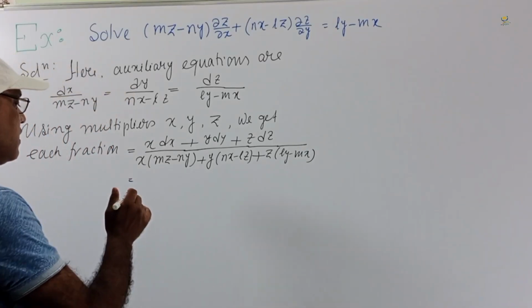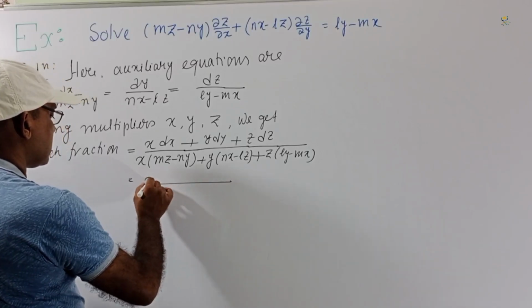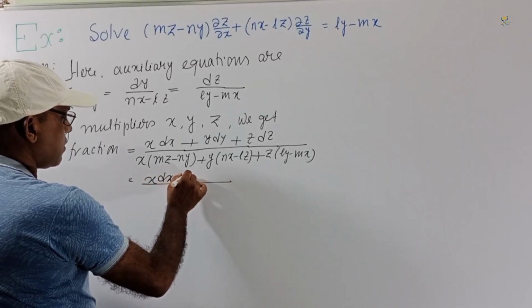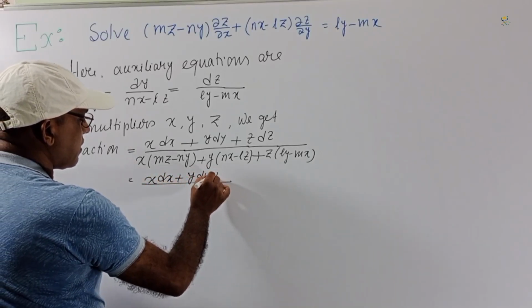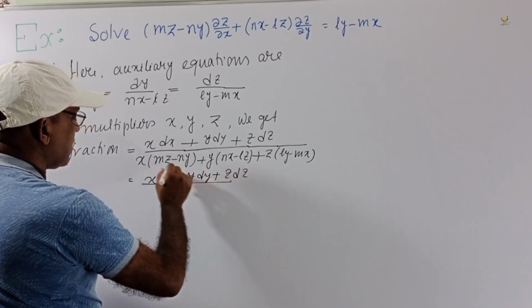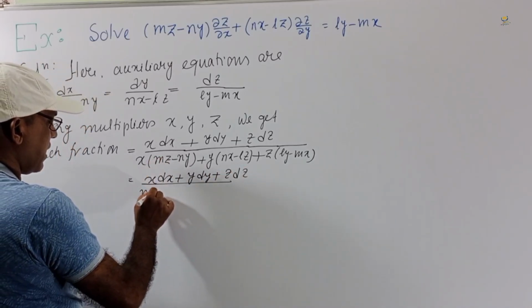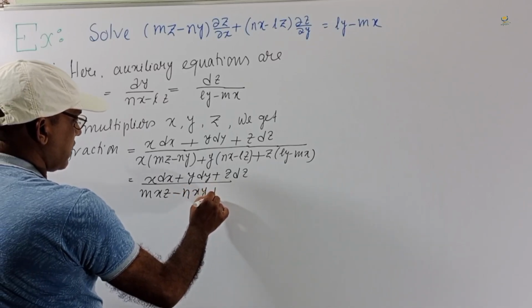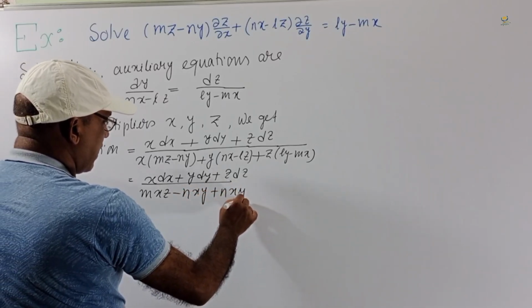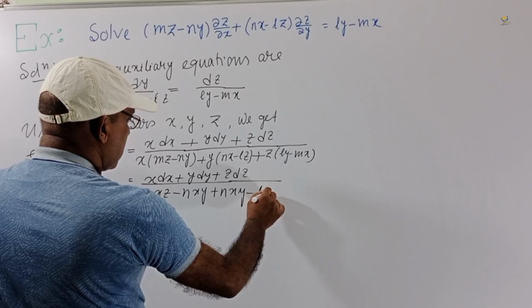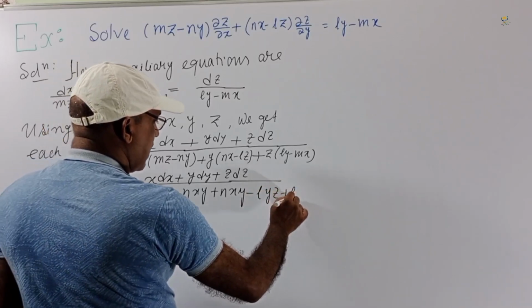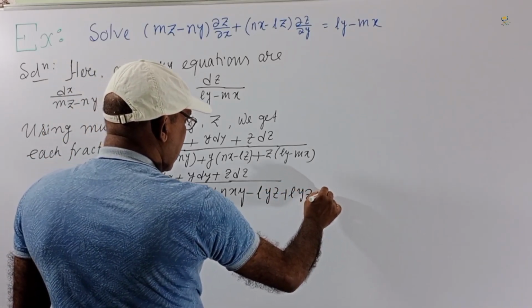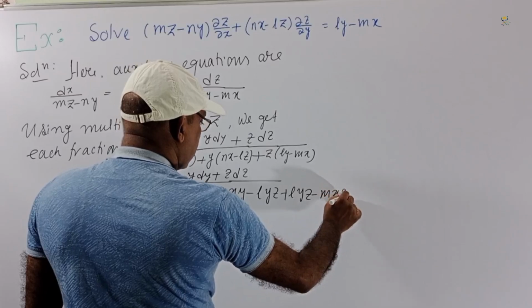So we get x dx, y dy, z dz over m xz, n xy, n xy, l yz, l yz, m xz.